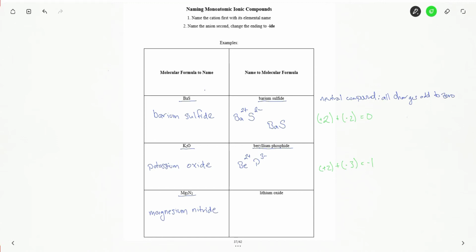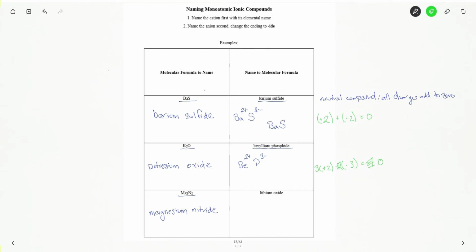In order to fix this problem and get a neutral compound, I need to multiply my beryllium times 3 and my phosphorus times 2. You can see that becomes 6 plus a negative 6, which gives me a 0.